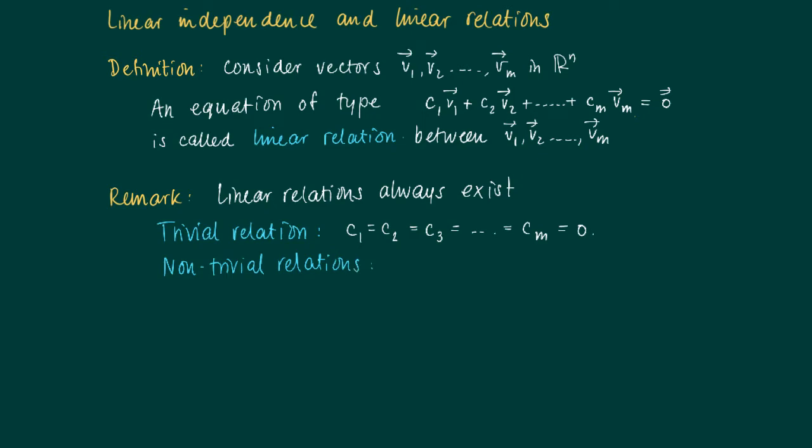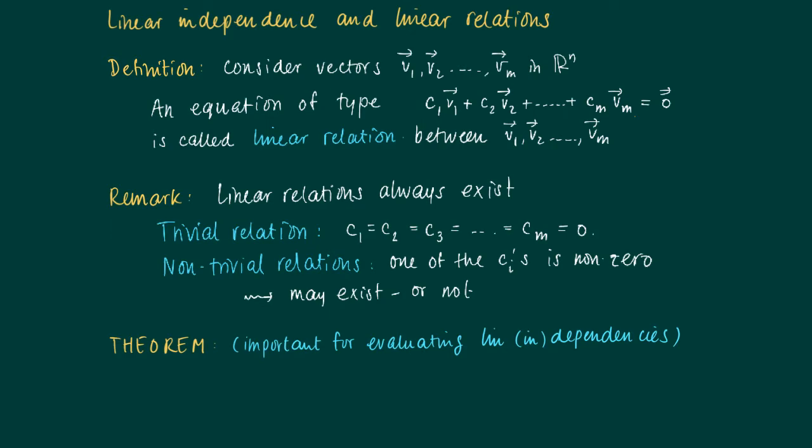Well, we speak of non-trivial relations if one or some of these c's are non-zero. And what we will show below is that this may happen or this may not happen. So such ci's may exist or not.